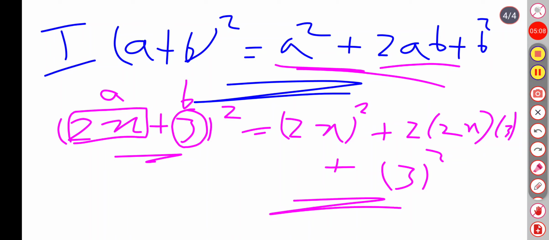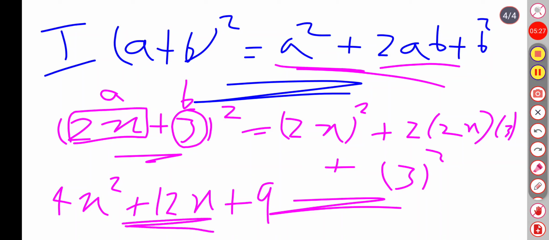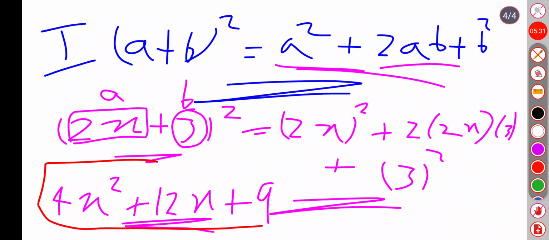So how do we expand that? Let's see. 2x the whole square is 2 square into x square, so that is 4x square, plus 2 into 2x into 3 is 6 into 2, 12x, plus 3 square is 9. So this is the answer, 4x square plus 12x plus 9.